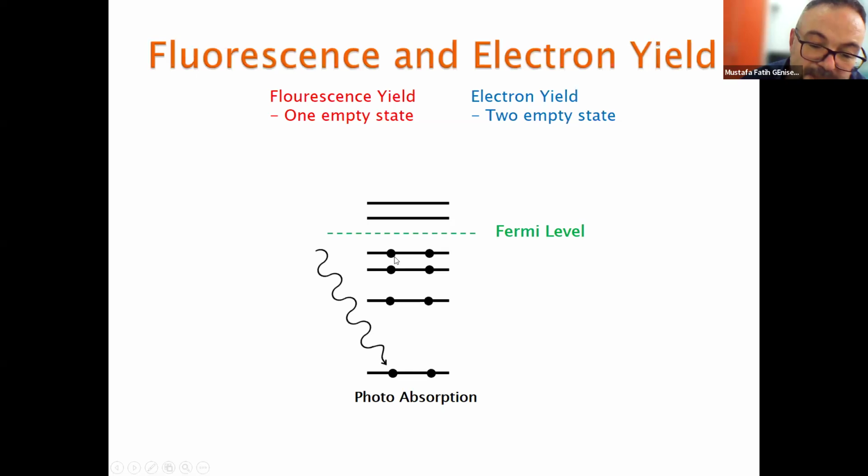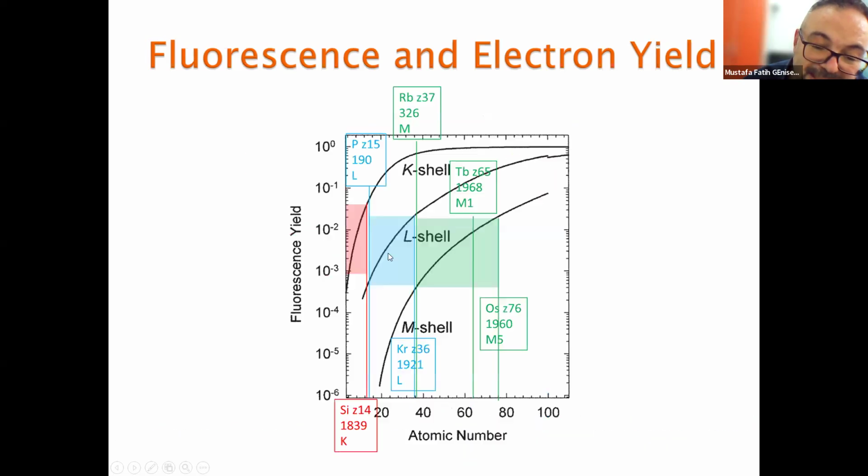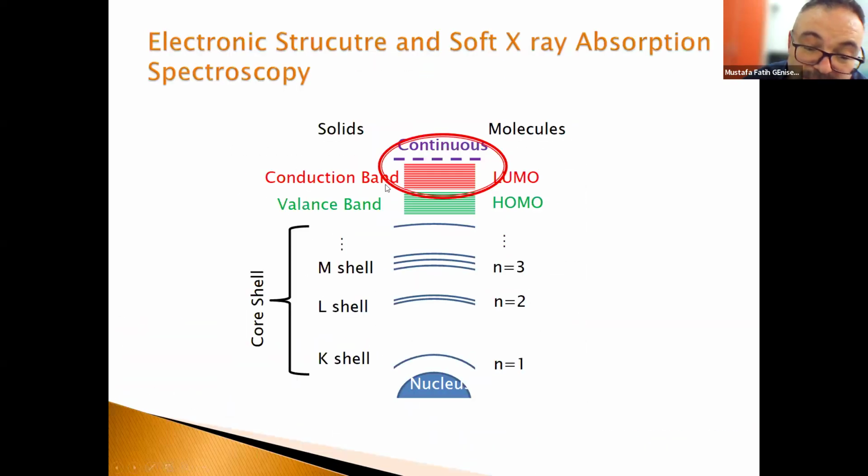If there's an empty place, specific photons will be absorbed from here to here. You get my point? So we can see this in here. For example, in the valence band, if we have defects, it will give us a pre-edge. We can see this defect as a pre-edge feature in our sample.